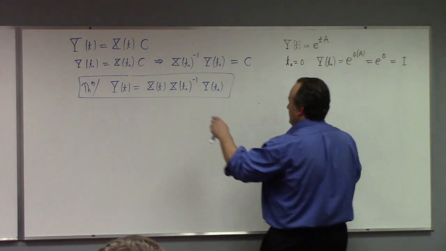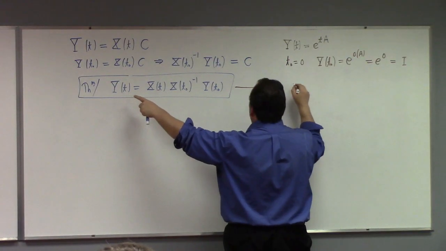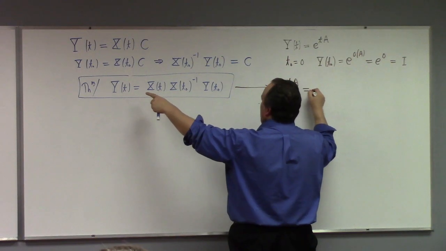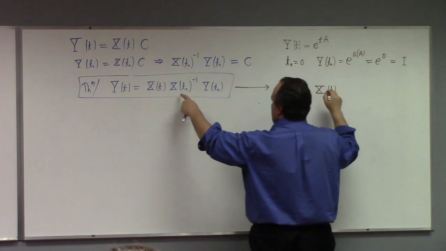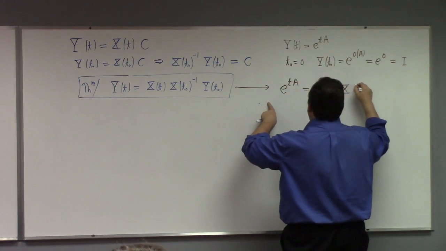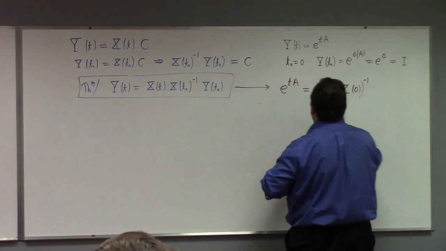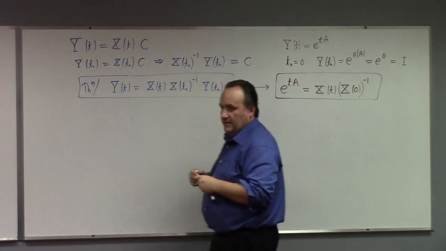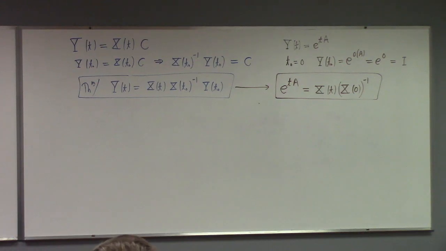And so this formula becomes the more useful formula, e to the ta equals x of t times x of 0 inverse. And that, my friends, is a method to calculate the matrix exponential if you have a fundamental solution matrix.